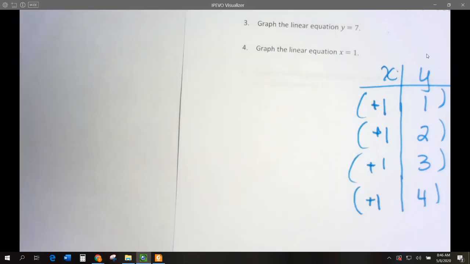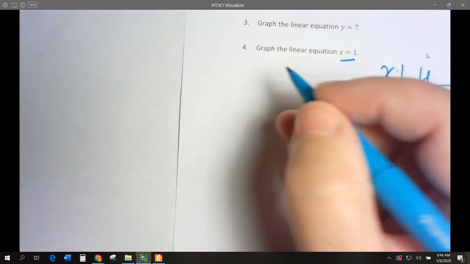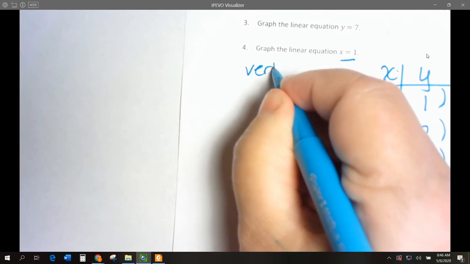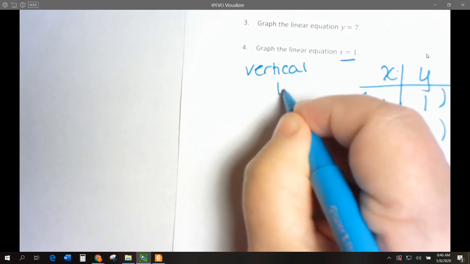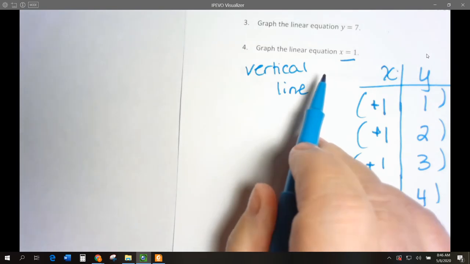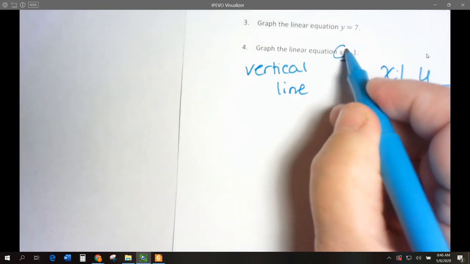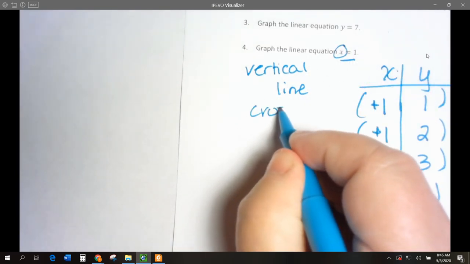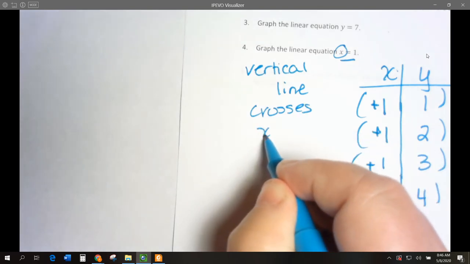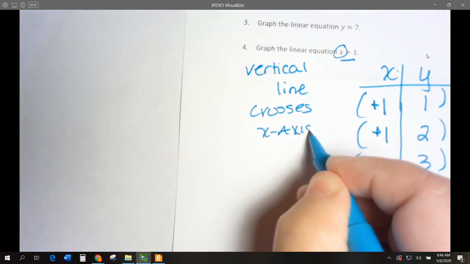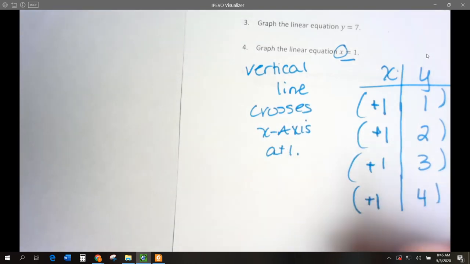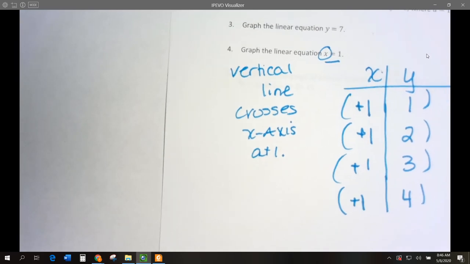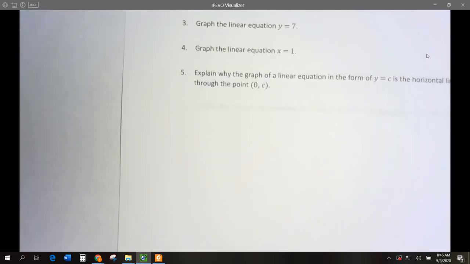So here when we graph x equals 1, we get a vertical line. It crosses the x-axis at 1. So question number 5.